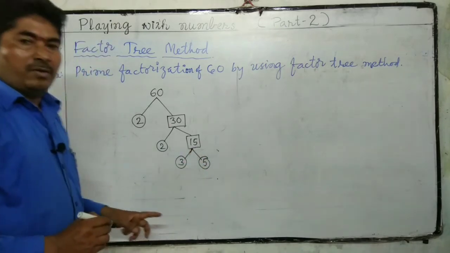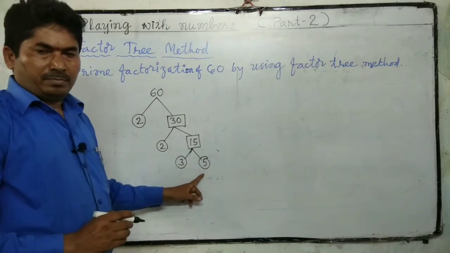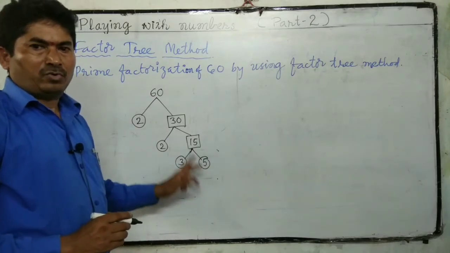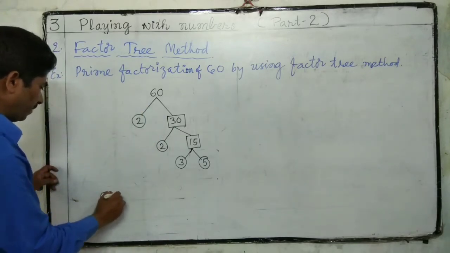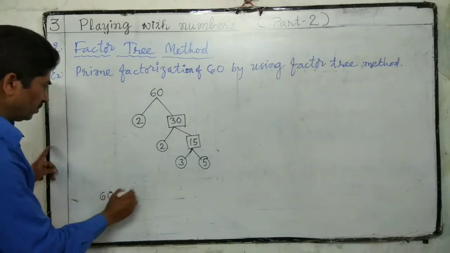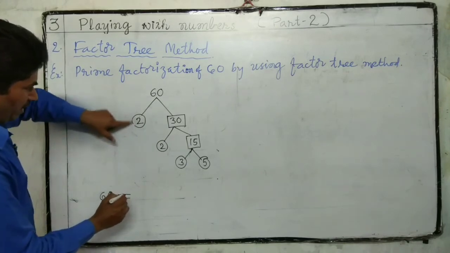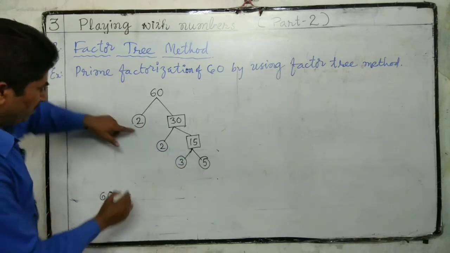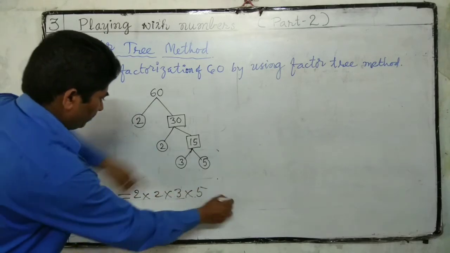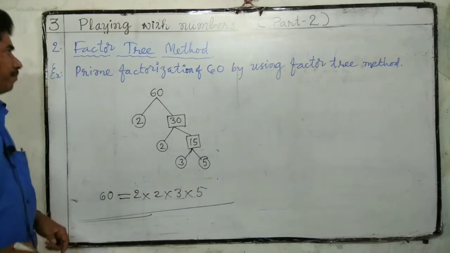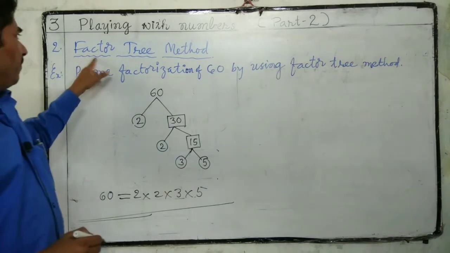So when we get a prime number, then we have to stop. So 60 is equal to, we have to write all these encircled numbers, 2 into 2 into 3 into 5. This is the factor tree method for finding prime factorization.